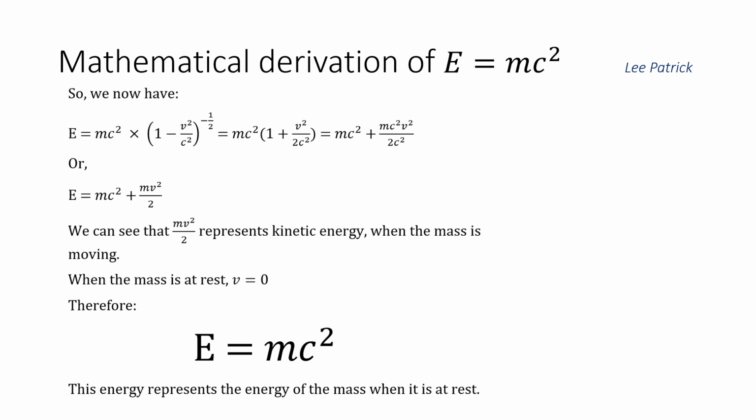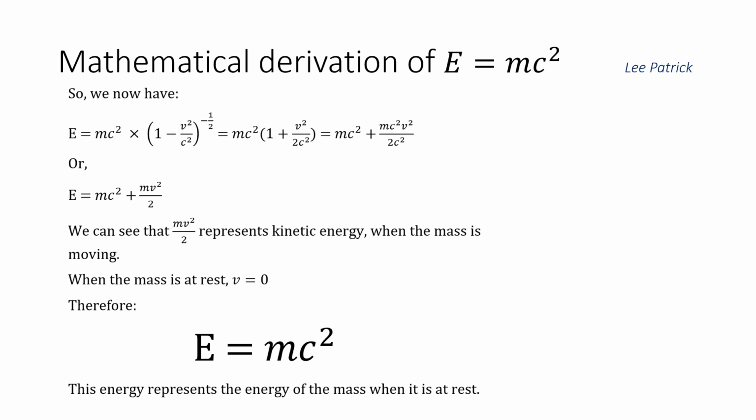So, we now have E equals mc squared multiplied by (1 minus v squared over c squared) to the power of minus a half, which is equal to mc squared multiplied by (1 plus v squared over 2c squared), which is equal to mc squared plus mc squared v squared over 2c squared, or the total energy E equals mc squared plus mv squared over 2.